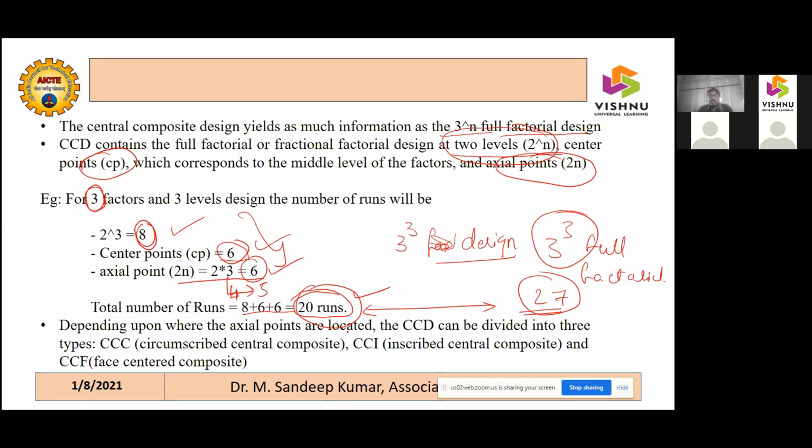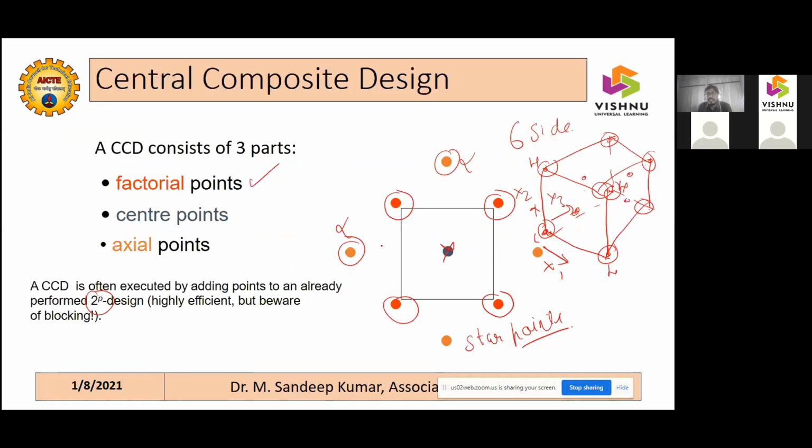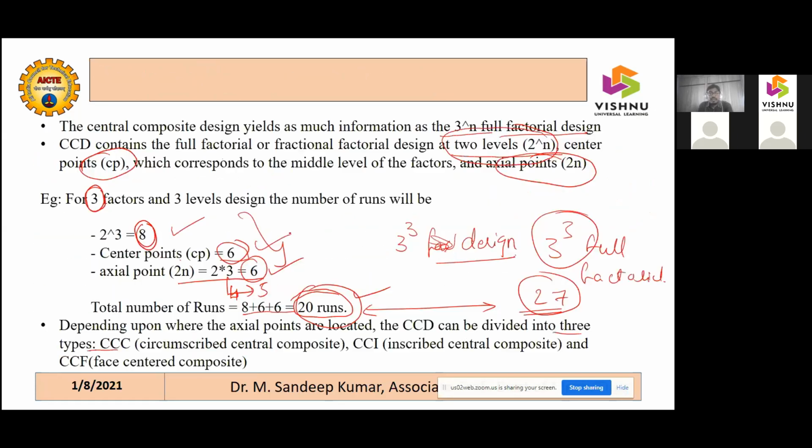Depending upon where the axial points are located, the CCD can be divided into 3 types. Here the axial points are outside. Depending on the axial points, it can be CCC, circumscribed central composite, inscribed central composite, or face-centered central composite.